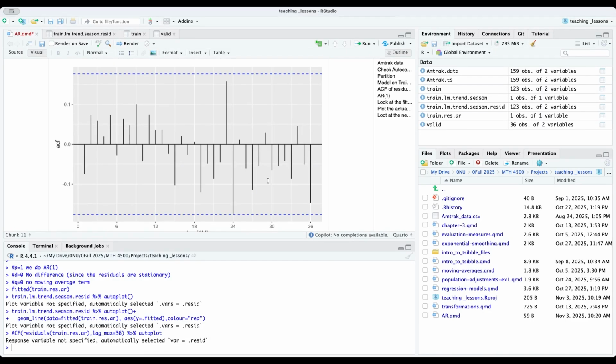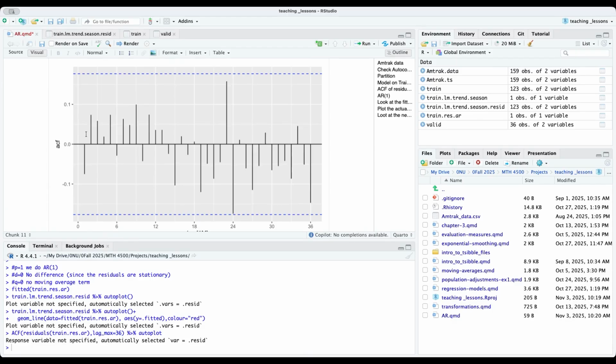We have all of the black bars well inside the blue dashed limits. So we have no statistically significant autocorrelation left. All of the spikes are randomly wiggling around the 0. No consistent pattern. The residuals of the residuals are white noise, and we don't have a clear lag one.